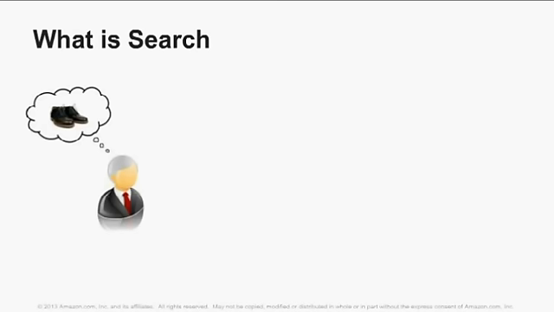A user would come to the site with a particular goal in mind. In this case, perhaps the user would like to buy a pair of shoes. They have a search box, typically, as well as sometimes some other user interface elements that allow them to communicate that goal to the search engine.